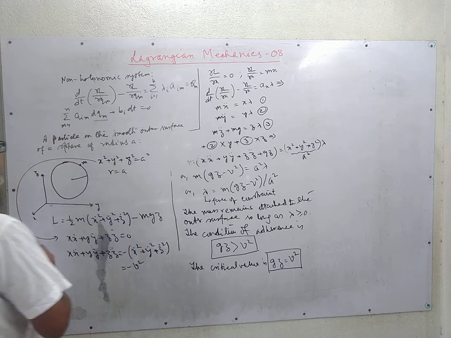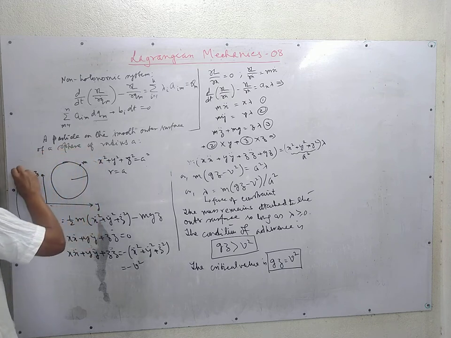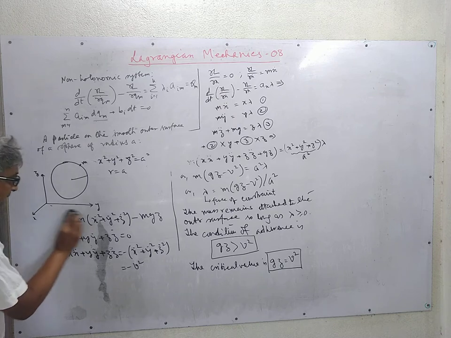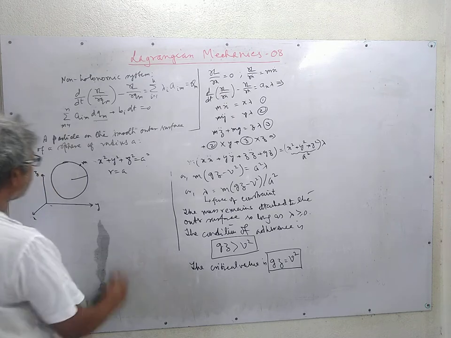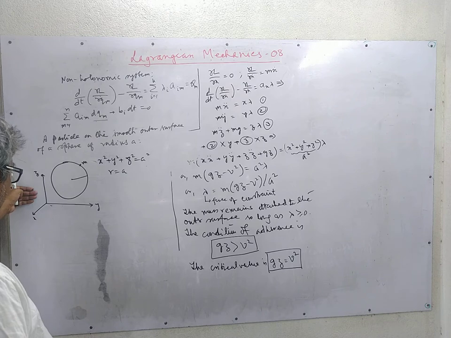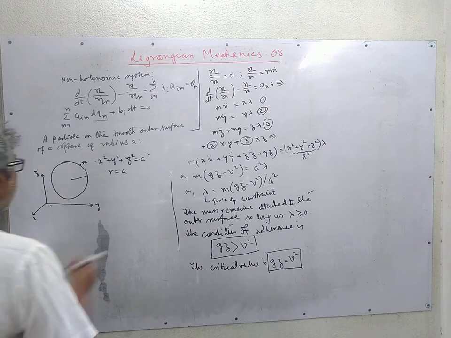If we consider the motion of the particle in a vertical plane under the action of gravity, then the particle is constrained to move in the xz plane, where the z-axis is the vertical axis.